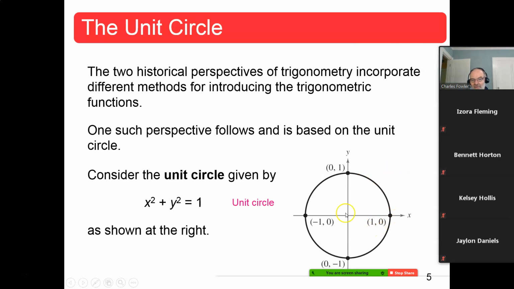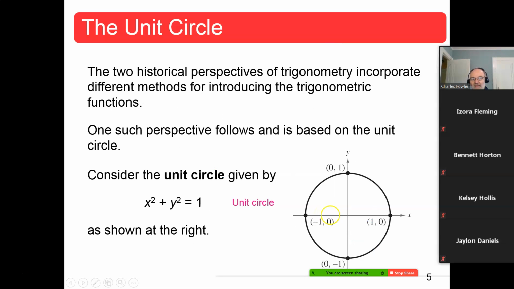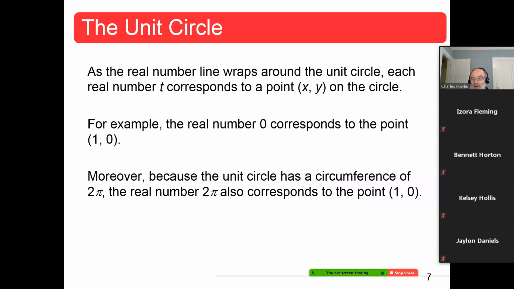At 0 and at pi. Angle 0 and pi. So cotangent is not defined at t or theta equals 0 or t or theta equal pi. That would be this angle right here. Not defined there on the unit circle, or anywhere really.